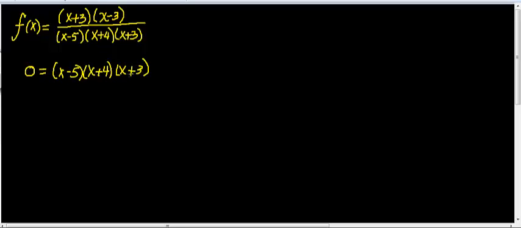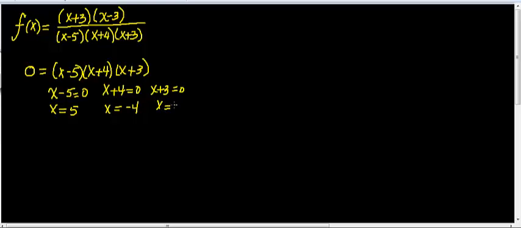By the zero product property, I can solve each one of these factors. x minus 5 equals 0, that means x is going to equal 5. x plus 4 equals 0, x equals negative 4. And x plus 3 equals 0, x equals negative 3. Those are my three possible, remember these are possible, vertical asymptotes.